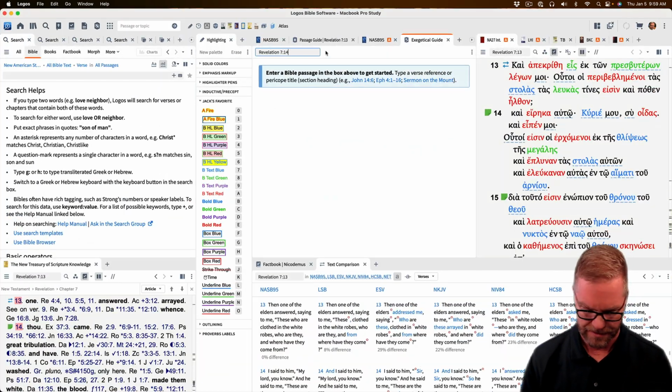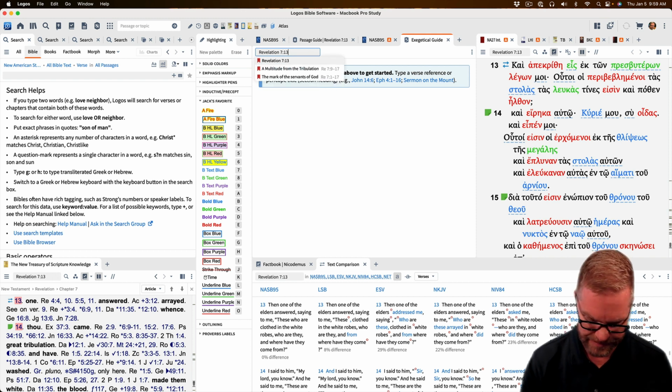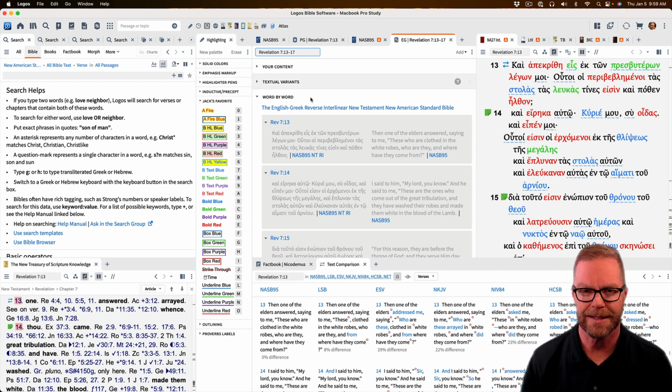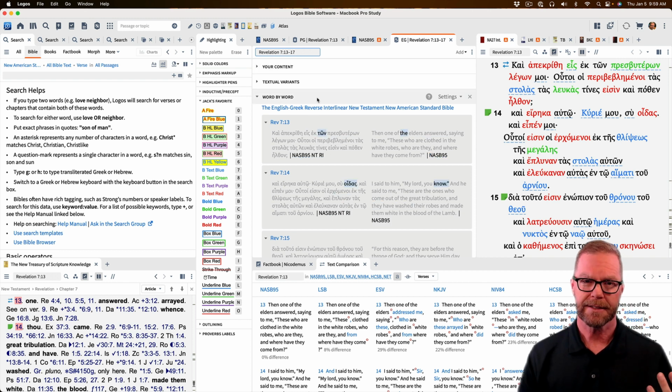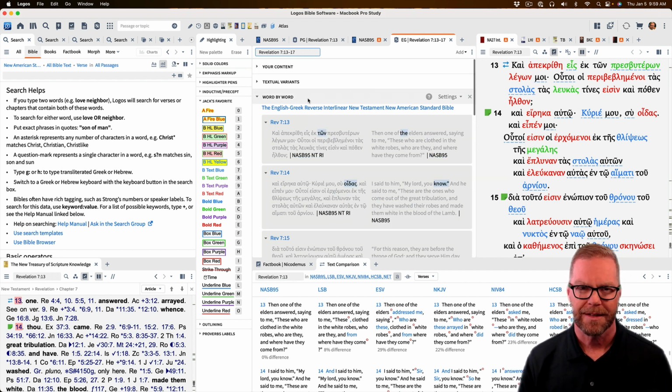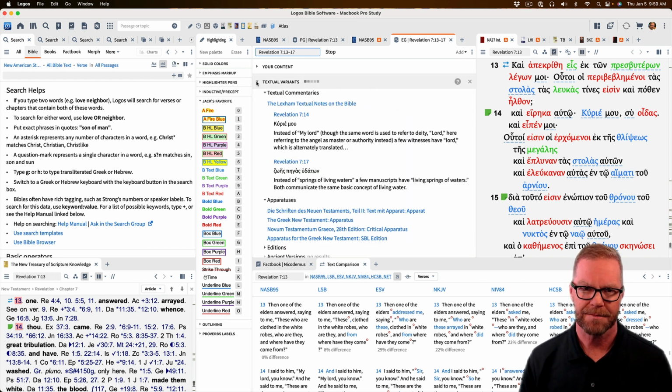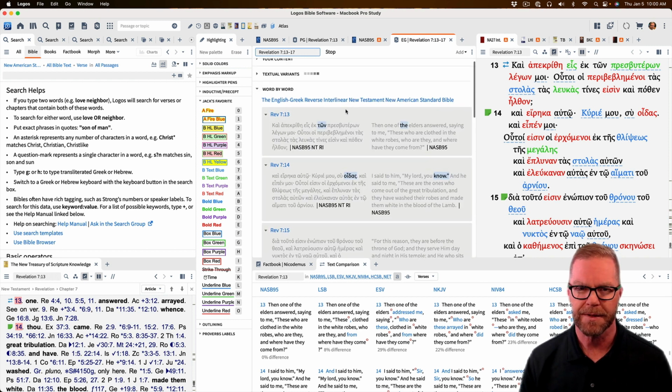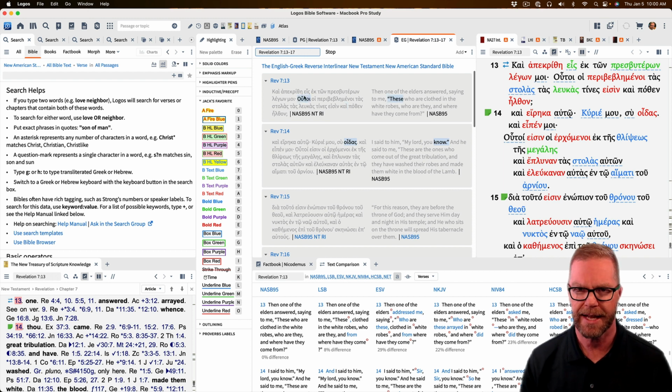Let me just do 13, there it is, through 17. Look at that. So here we have some of these I don't expand because they're a little laborious, but this is the text and this is the English. And notice when I hover over the Greek, it shows me what English word to the right is being considered.